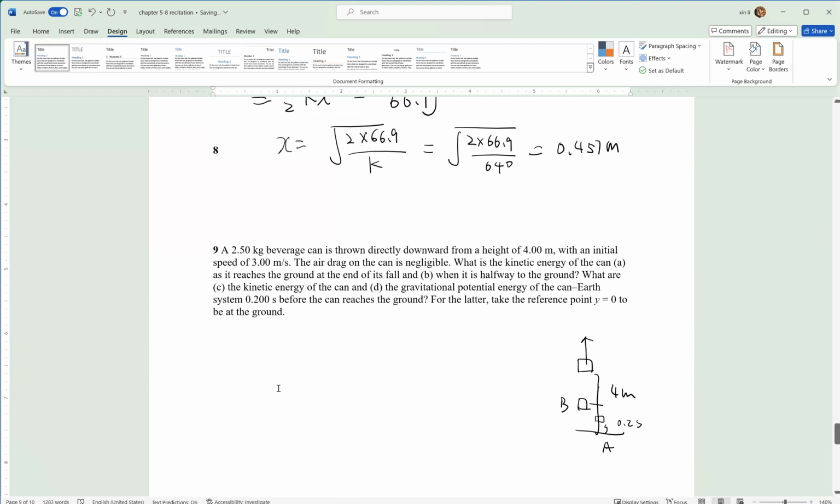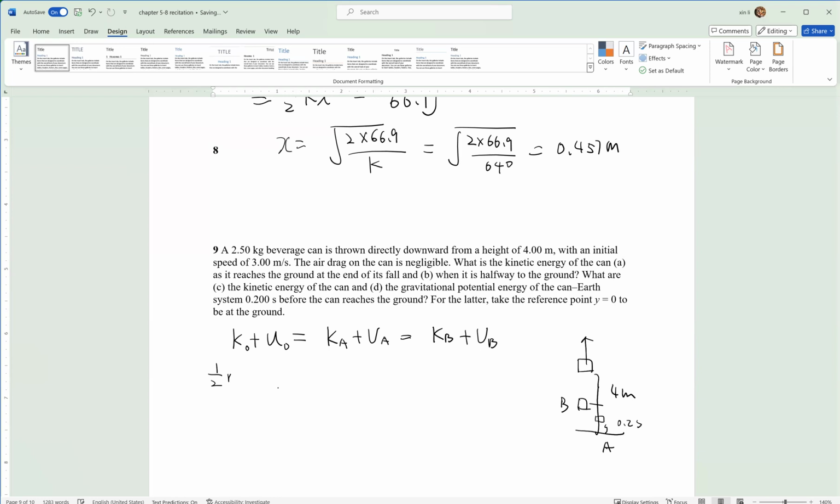For part A and part B, it's very easy. You can use kinetic energy plus potential energy. So initially, let's do this: Ka plus Ua will be equal to Kb plus Ub. All the parts' energy is conserved.